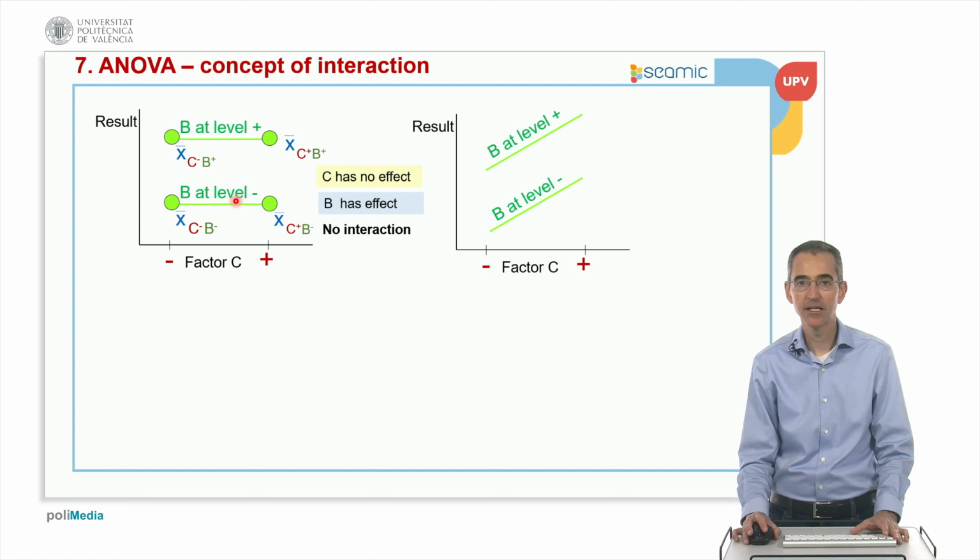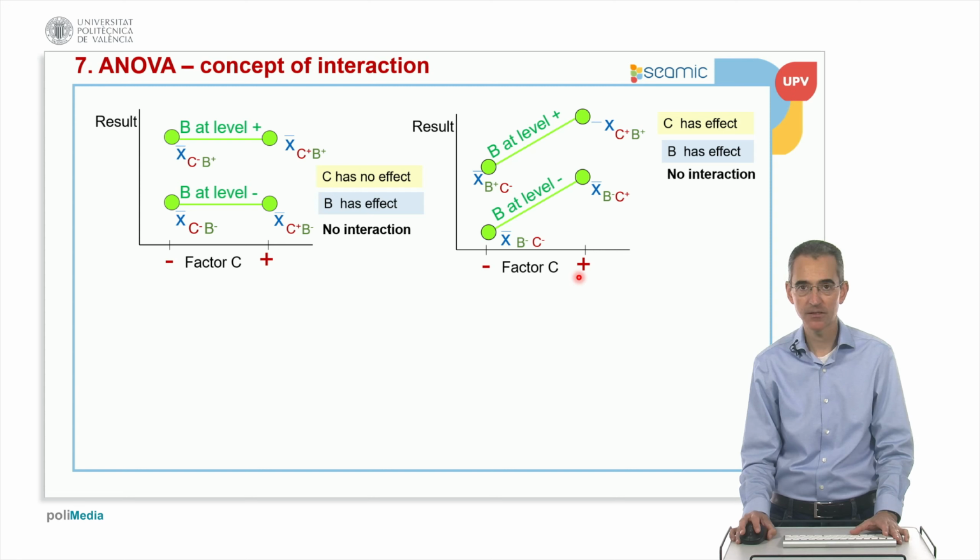Well, this is another example. In this case, when we change from B minus to B plus, on average, there is an increase. When we change from C minus to C plus, on average, there is an increase, but the lines are parallel. It means that there is an effect of both factors, but there is no interaction.